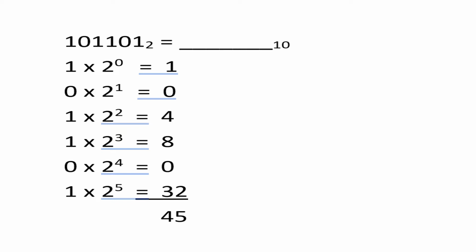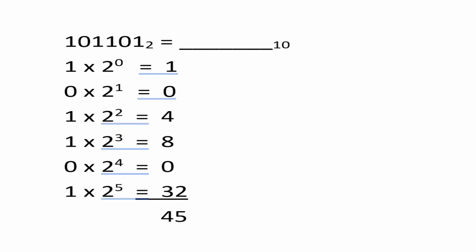So, let us rewrite: 1 times 2 raised to the power of 0 is equal to 1. Then 0 times 2 raised to the power of 1. 2 raised to the power of 1 is 2, but 2 times 0 is 0.